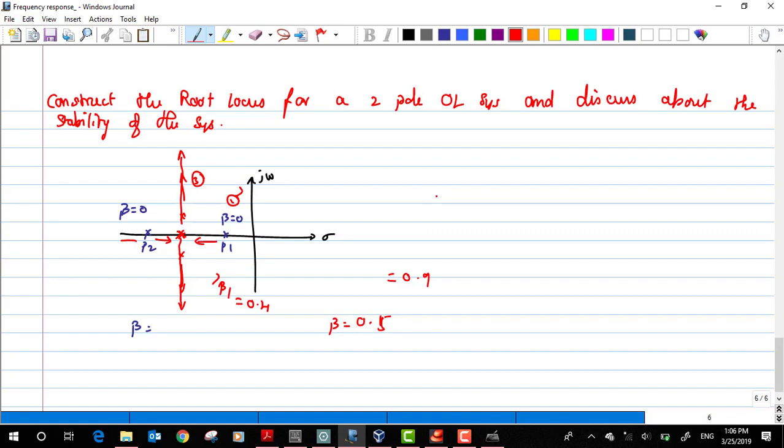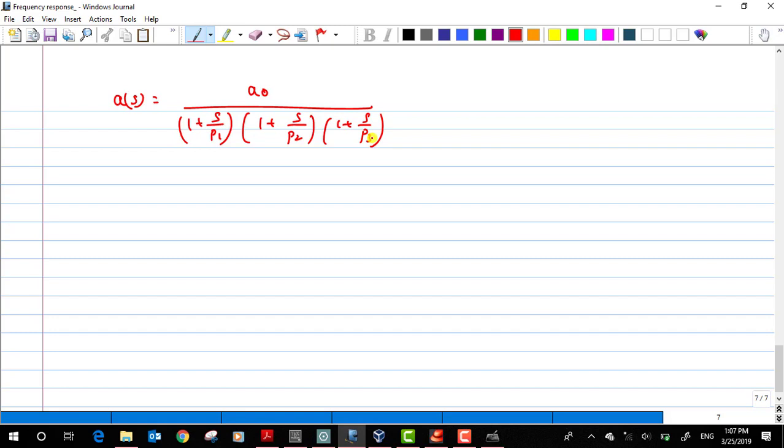But what about a system that has 3 poles in it? This is my open loop system transfer function, and it has 3 poles. How will I use this root locus method to identify whether the system is stable or not?